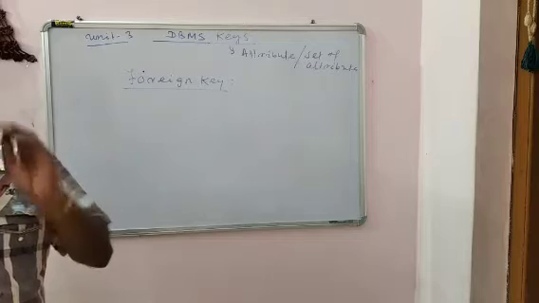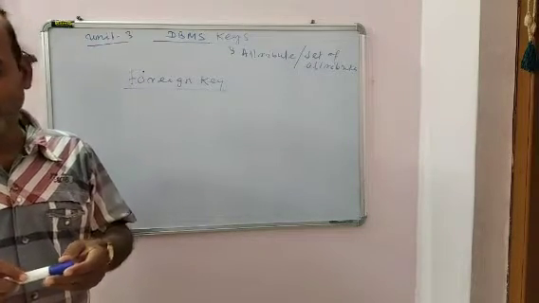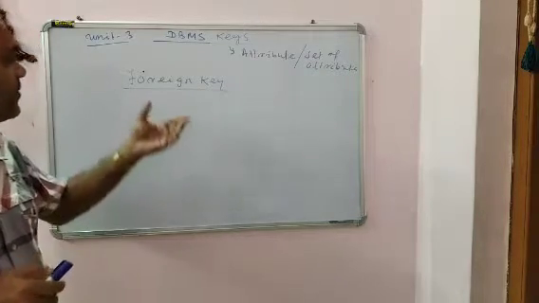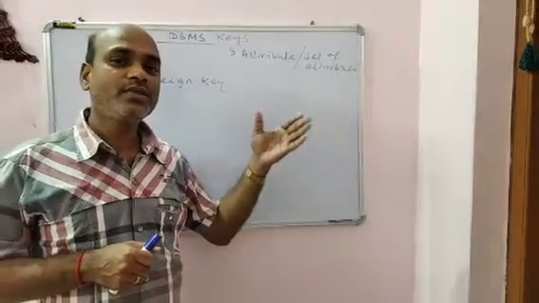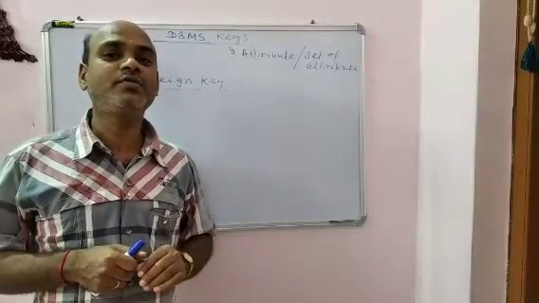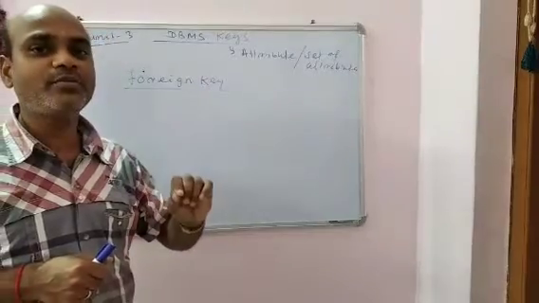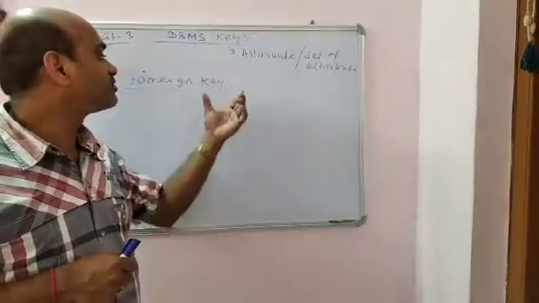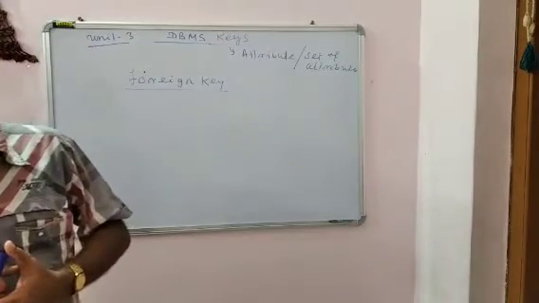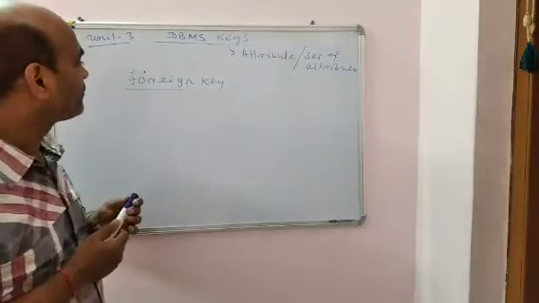A non-key attribute whose values are derived from the primary key of some other table is known as a foreign key. That means a primary key of a table may be a non-key attribute, a non-primary-key attribute, in another table. In that table, as a non-key attribute, it is considered the foreign key. We will give an example for that. And a foreign key is a column that creates a relationship. Why are we creating this foreign key?